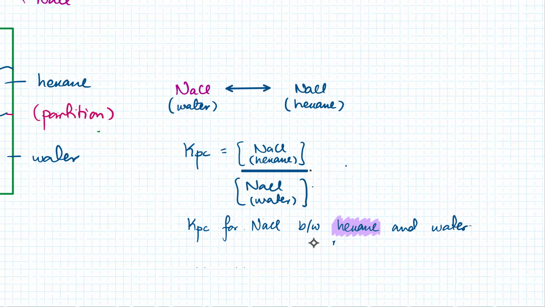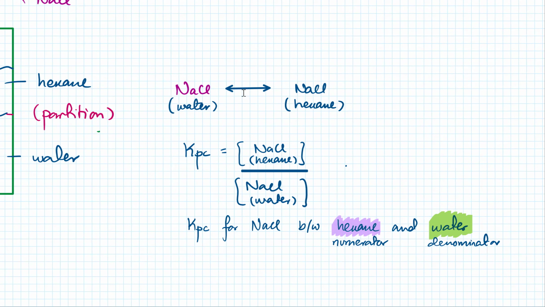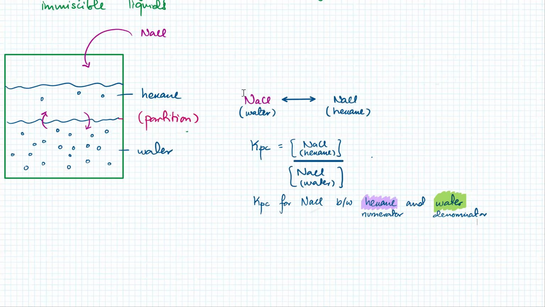The first one is going to be the numerator, and the one that comes later on is going to be your denominator. Is this clear? If they had written KPC for NaCl between water and hexane, then you would have switched it. Then the whole equilibrium you would have written the other way around. So keep that in mind.